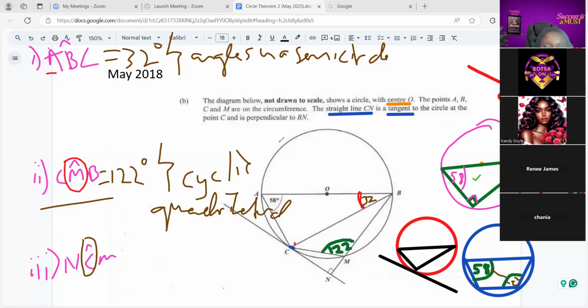To be certain of which angle they want you to find, you can trace from N. Where is N? Trace from N, head to C, and then go to M, and you will be able to figure out which angle at C. So the angle at C that they want is this one over here.